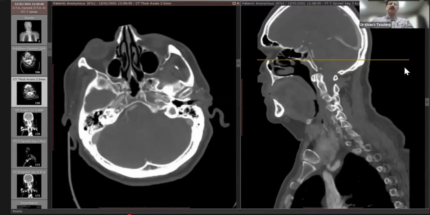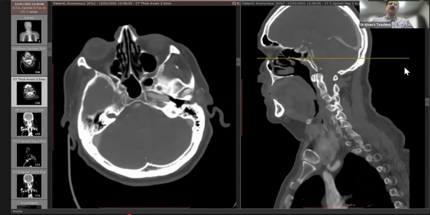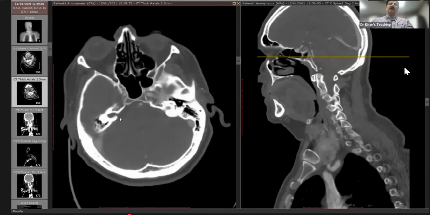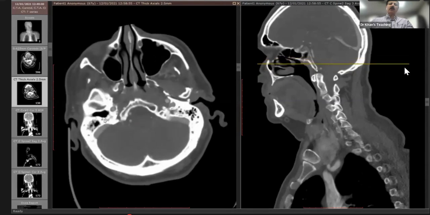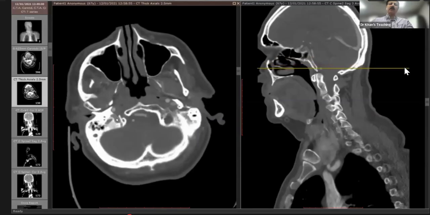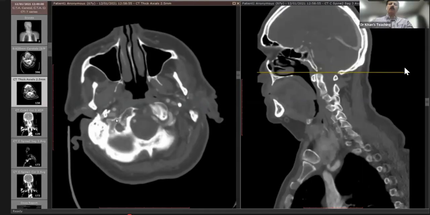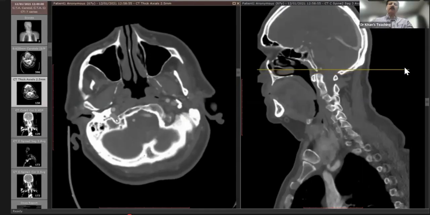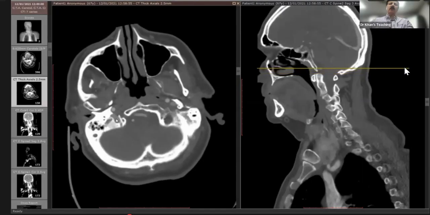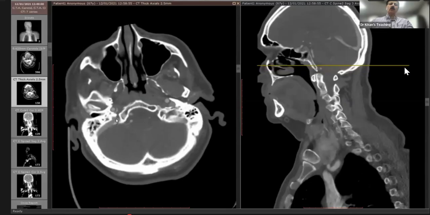If you see here, you can see that this is the head of the malleus and incus, and this is the internal auditory canal. So I am going inferiorly, and now you don't see it. And then you see the jugular foramen. Key point to remember is that it makes the floor. But as a normal variant, at times it can be what we call a high riding jugular foramen.